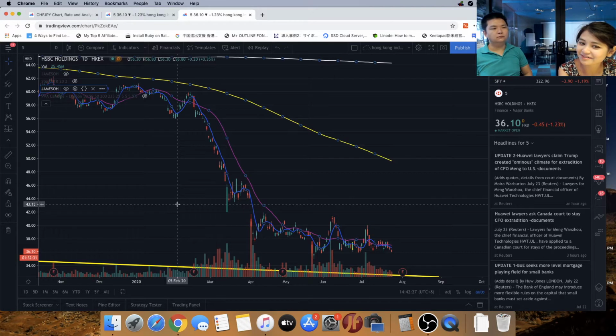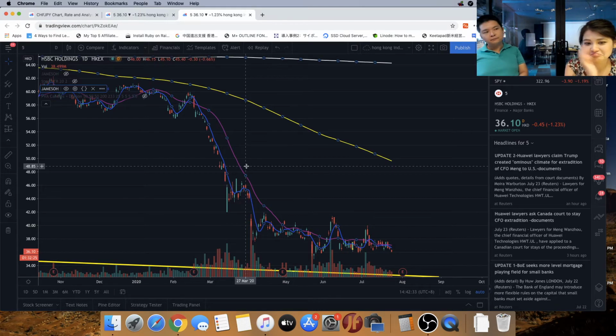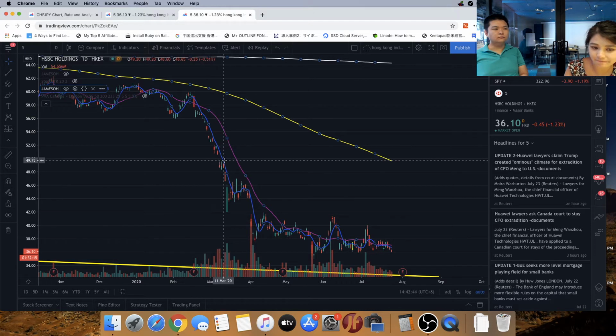I think this pink one. Why? Because it has a bigger picture than the violet one. The violet one just follows it, like attached to it.